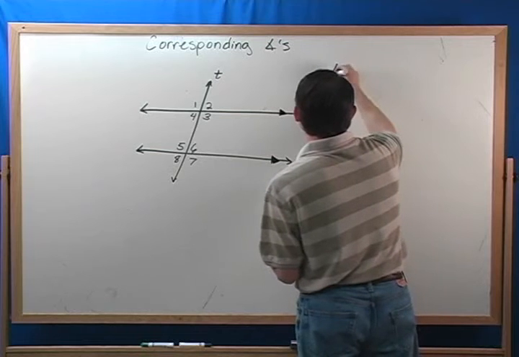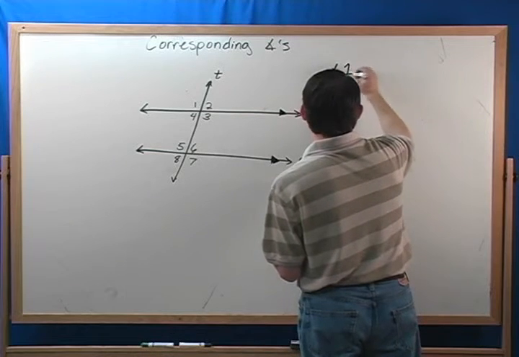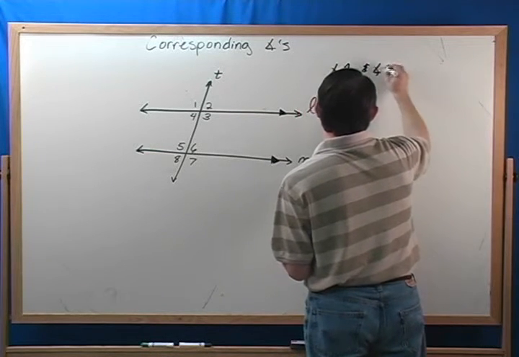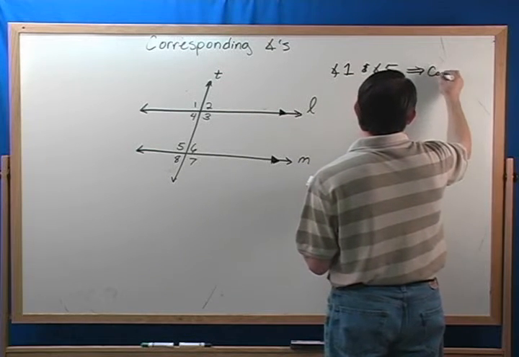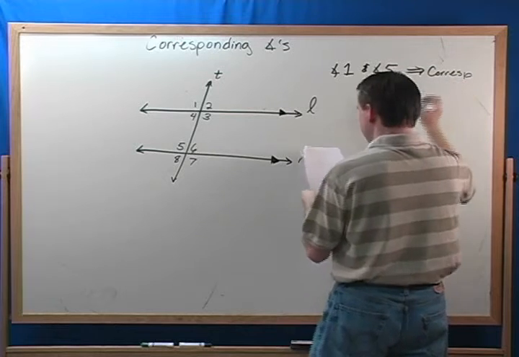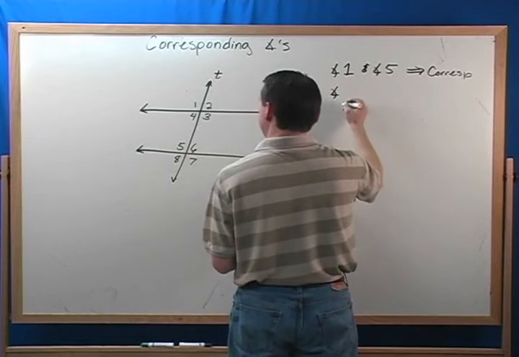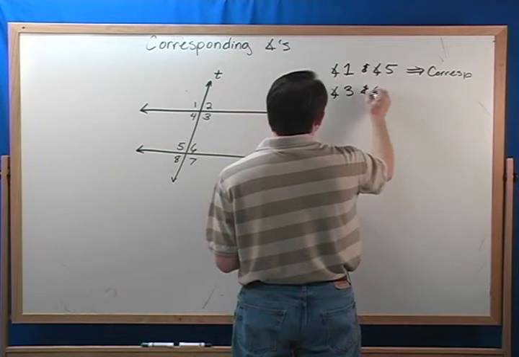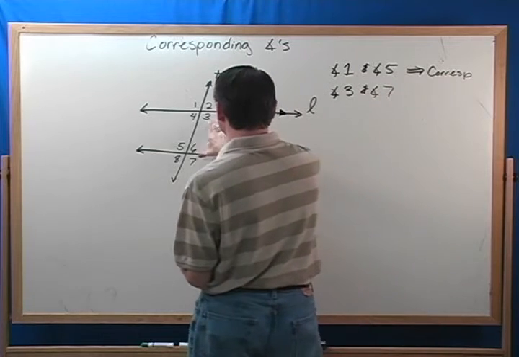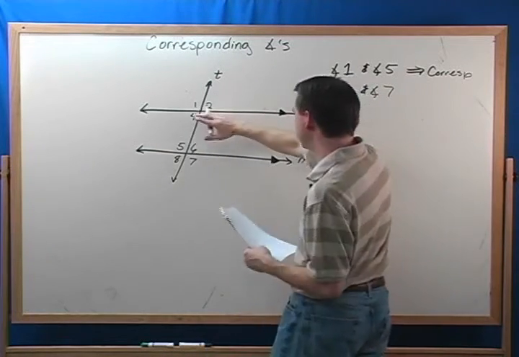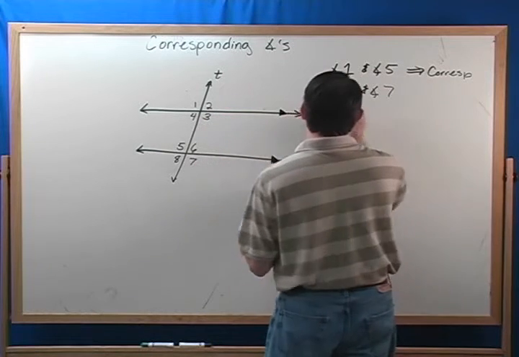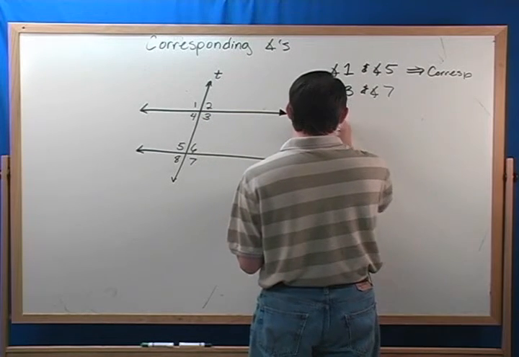So you say angle 1 and angle 5. Okay, those are corresponding. All right, angle 3 and angle 7. Those are corresponding because those are in the same exact location, but rather than being here, it's down here.